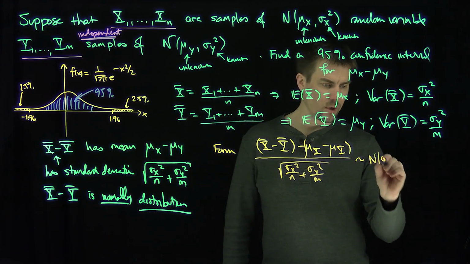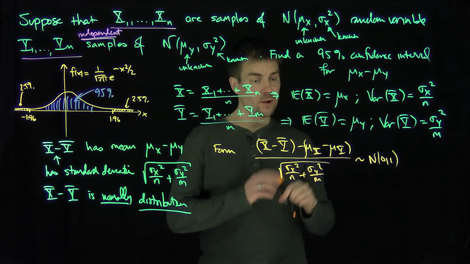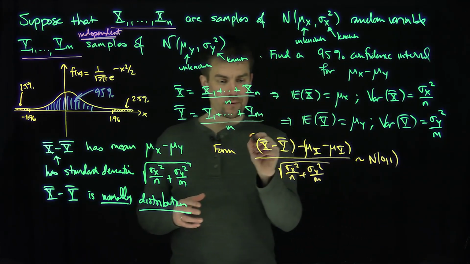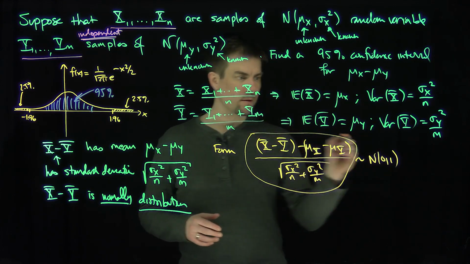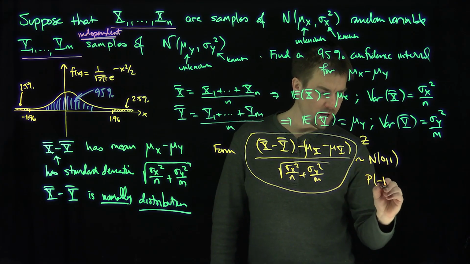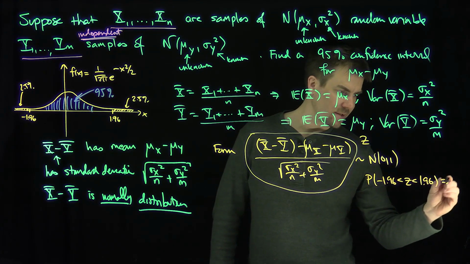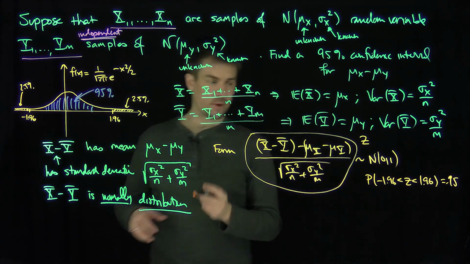This is a normal(0, 1) distribution, okay? So what can I say now? If we call this variable z, the probability that negative 1.96 is less than z and z is less than 1.96 is equal to 0.95, by our graph from the standard normal.